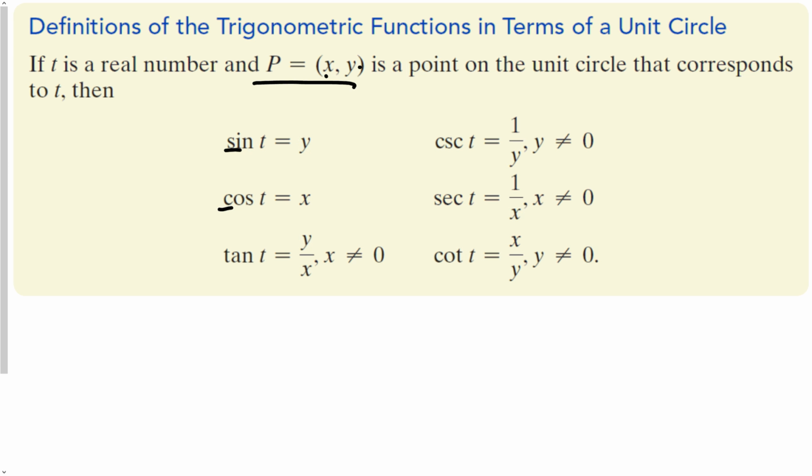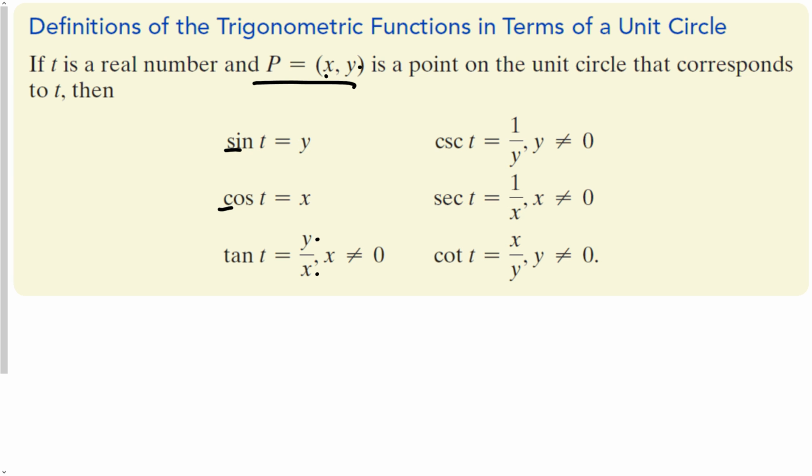Okay, now the rest of them get a little more involved. The tangent function is the y coordinate divided by the x coordinate. And as soon as you throw a division in there, we know that the denominator cannot be equal to 0, or else the function is undefined. These two functions are never undefined because no matter what the angle is, you're going to be somewhere on the circle, so you're going to get an x coordinate and a y coordinate.